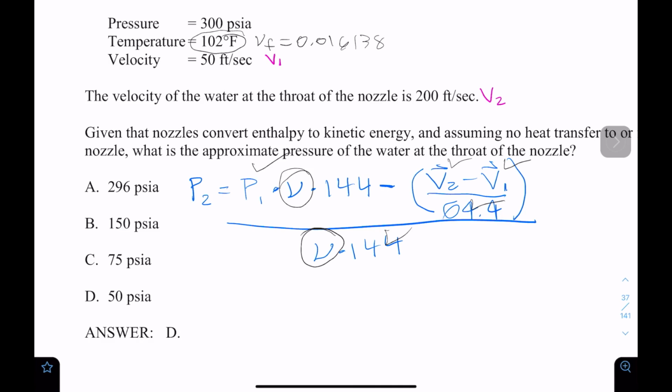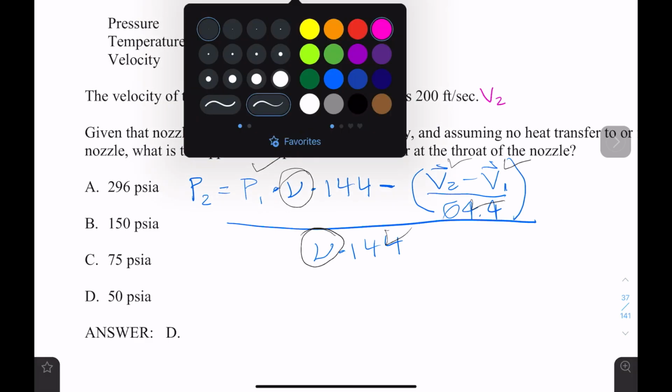So that's going to be my specific volume, and that's what I'm going to use for this one. So I just plug that in here, and I basically have everything to get my pressure. Everything is given.